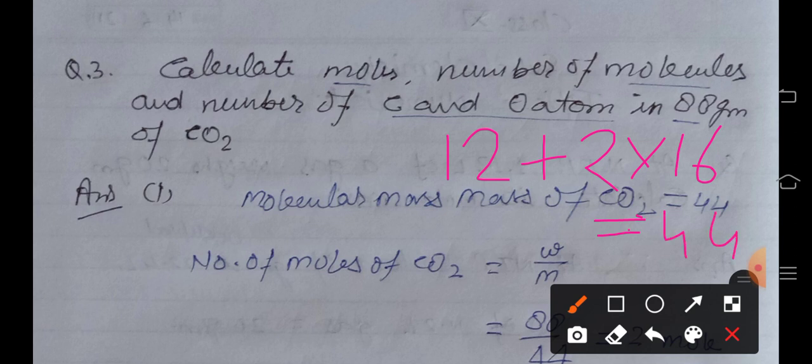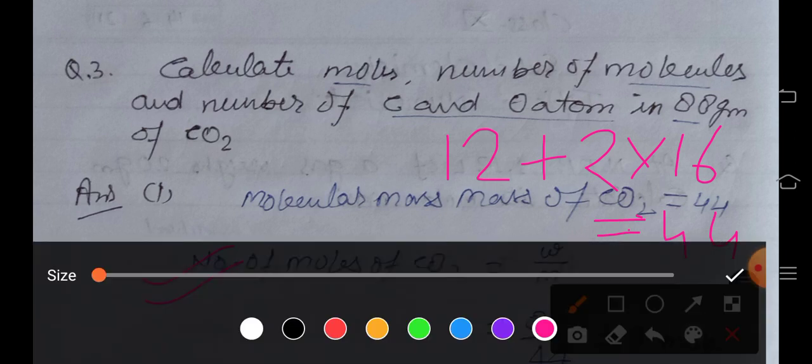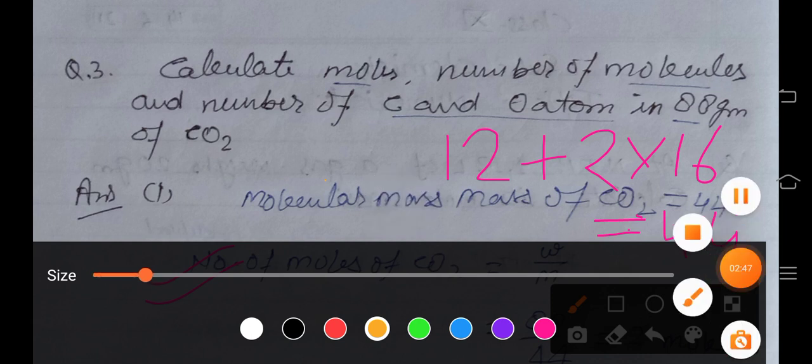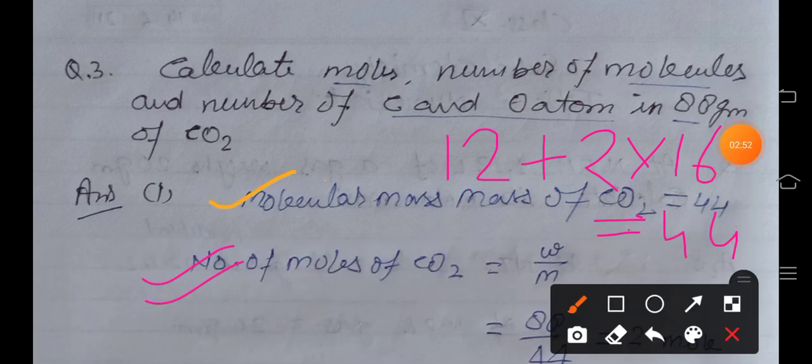Now first of all we calculate the number of moles. Number of moles of CO2 equals weight of substance, the weight of carbon dioxide, upon the molecular weight of carbon dioxide.